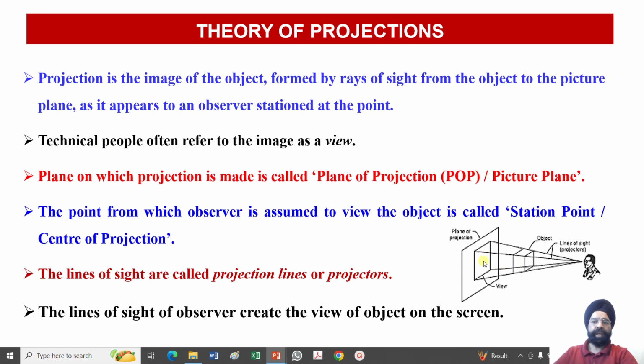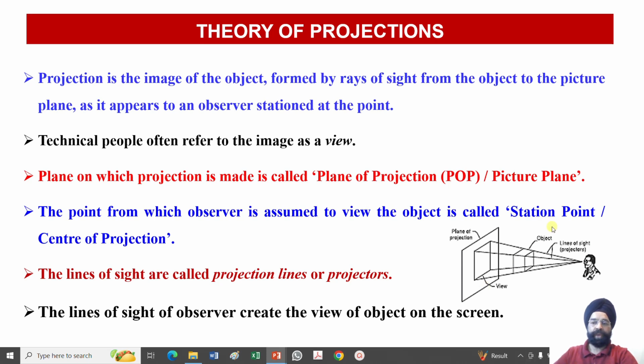This projection is also referred to as a view by technical people. So we are going to have multiple types of views. If we are looking from the front, the view obtained will be called the front view. If we are looking at the object from the top, the view obtained on the horizontal plane will be called the top view of the object.